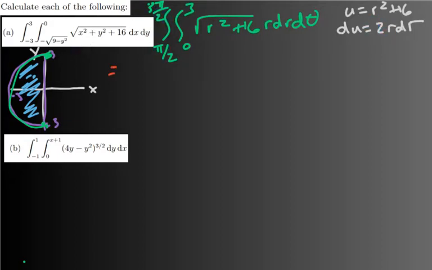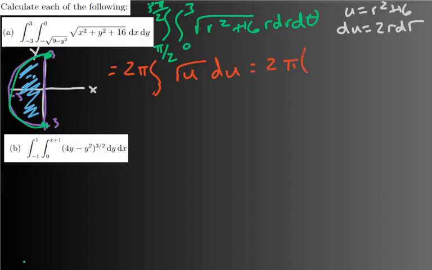So I could simplify this all as 2 pi now times 0 to, well, I'm switching to u, so I'm just going to leave those bounds for a second, square root of u du, and I did the d theta already. And so then it's just going to be, you got a 1/2, raise it to a 3/2, divide by 3/2, or multiply by 2/3.